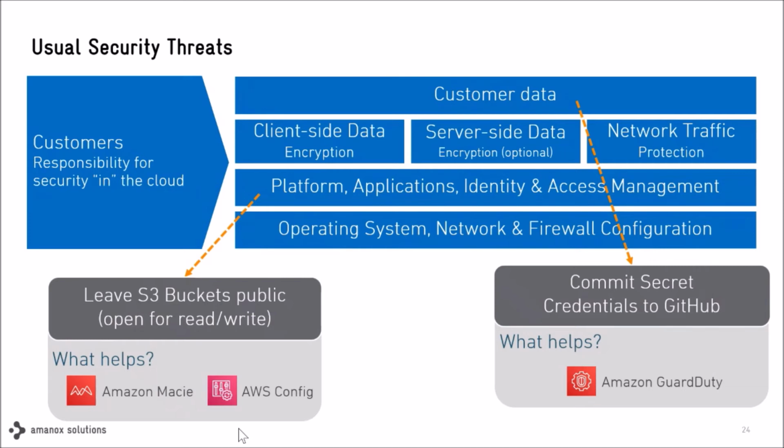Well, if those credentials get stolen, services like GuardDuty can alert you on bad or weird behavior and give you a chance to take action. So even when it's your part of the shared responsibility model, as we can see, the security in the cloud, AWS still provides tools and resources to help keep the data safe.